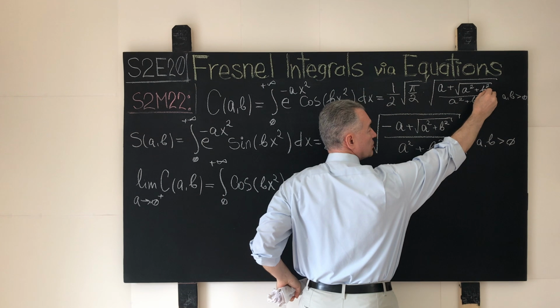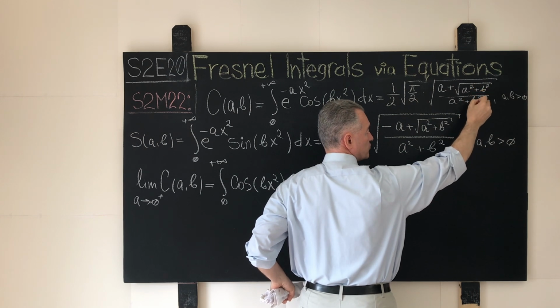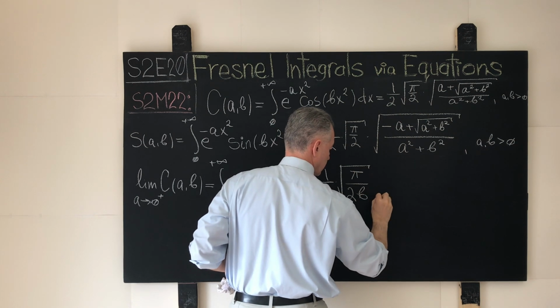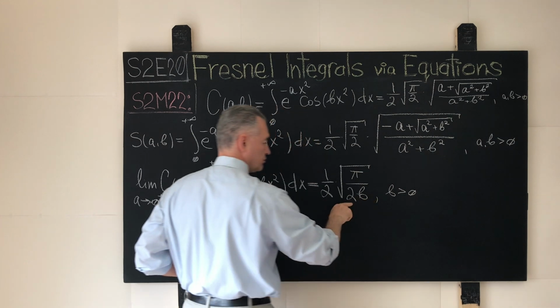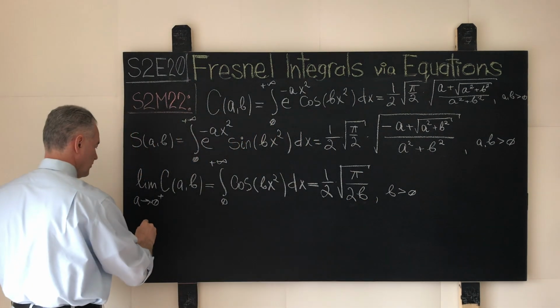Square root of b squared is b. This is just b squared. b over b squared cancel out. We have one copy of b in the denominator, over 2b. And then b is greater than 0. 2b or not 2b? The answer is, of course, 2b.